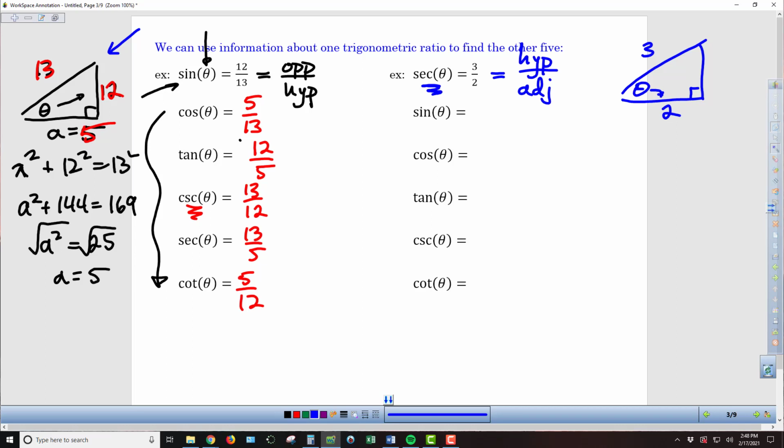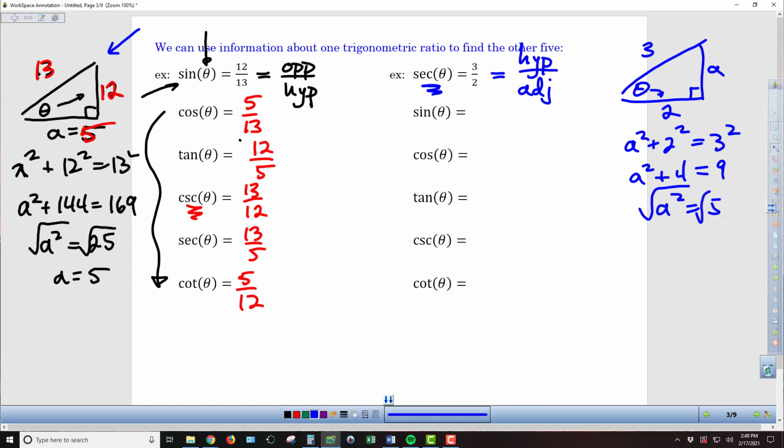So once again, I'm going to have to use a little Pythagorean theorem to figure out what this opposite side is. We can call it A. So that means I've got A squared plus 2 squared equals 3 squared, or A squared plus 4 equals 9. So if we subtract 4 from both sides, I get A squared equals 5.